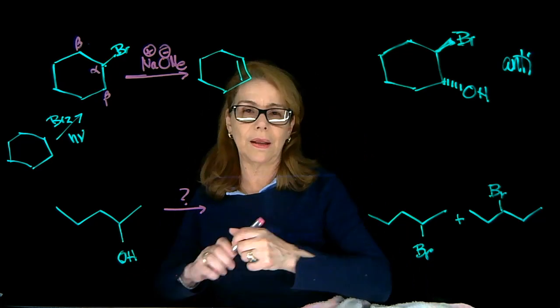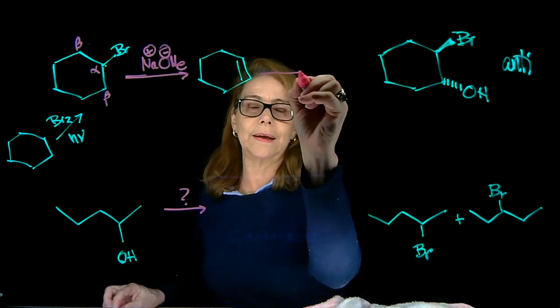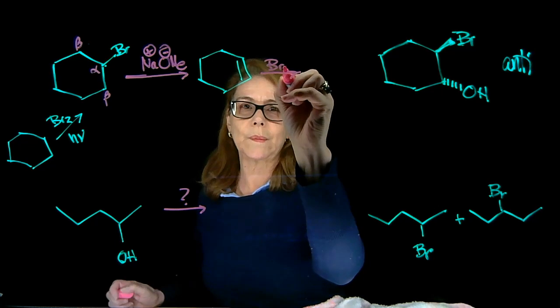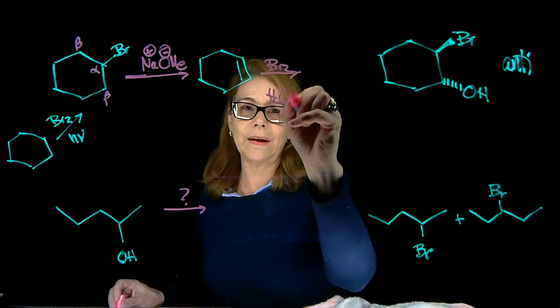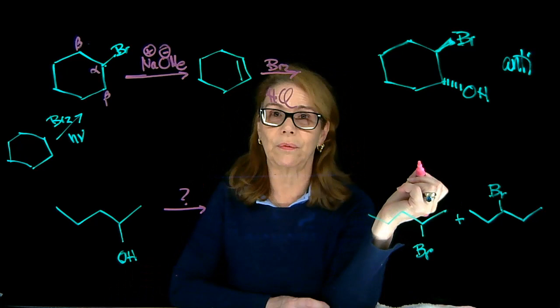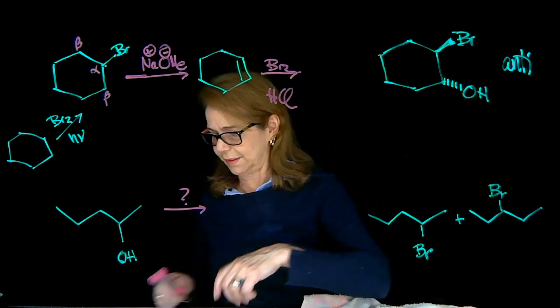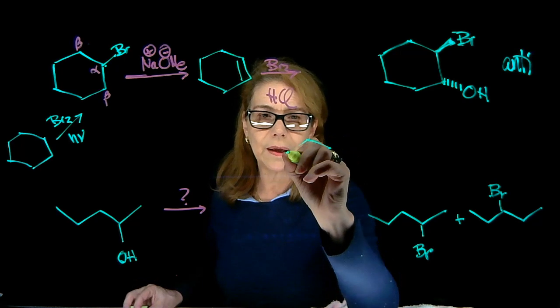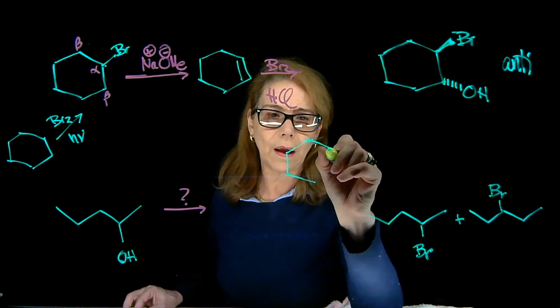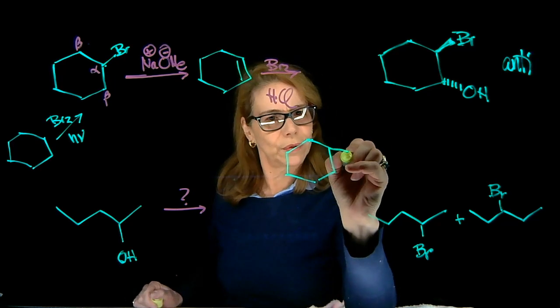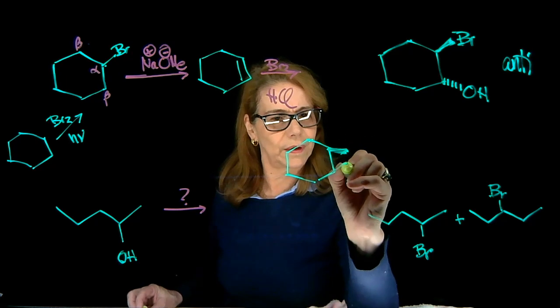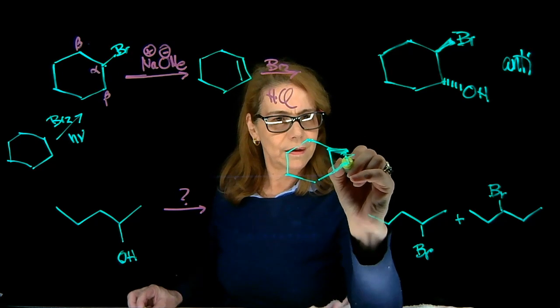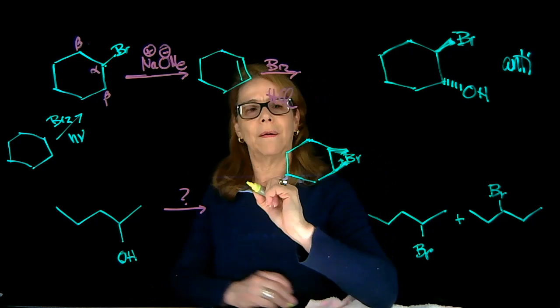How do we do that? If we add bromine, but instead of having an organic solvent, we do that with water, we will get the following intermediate. Let me draw the intermediate first down here, which is your bromonium. In the bromonium, you have this cyclic structure, right?